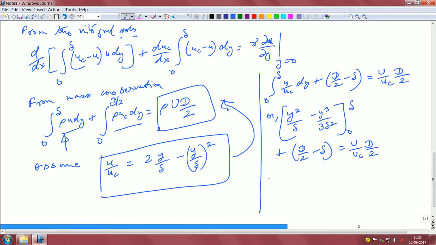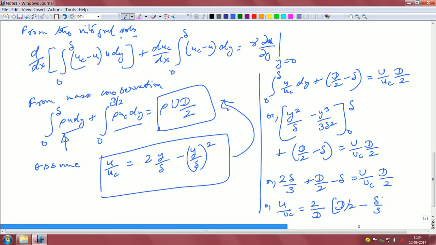Now, it is easy to integrate: 2 delta by 3 plus d by 2 minus delta, u by uc, d by 2, or in other words u by uc is 2 by d times d by 2 minus delta by 3.